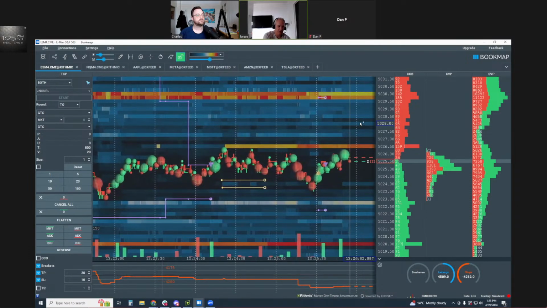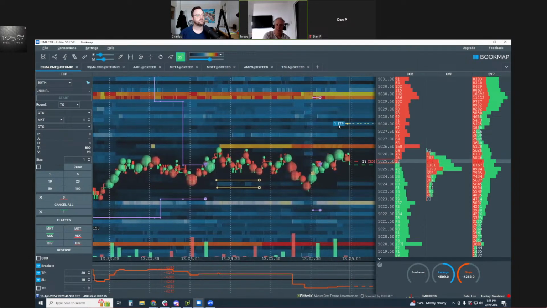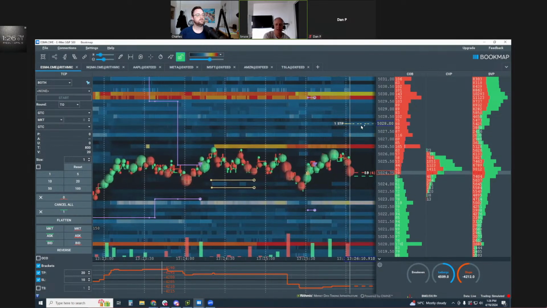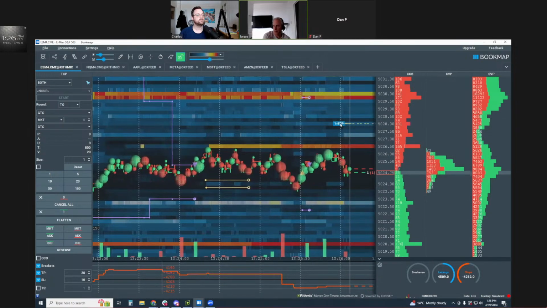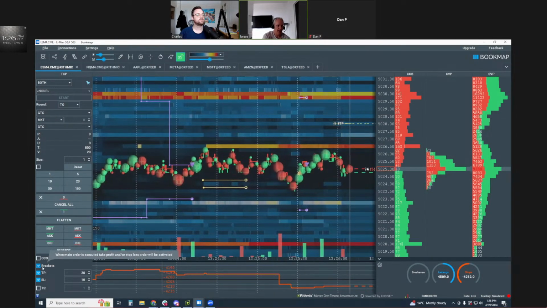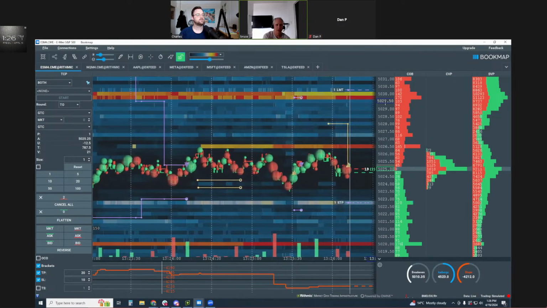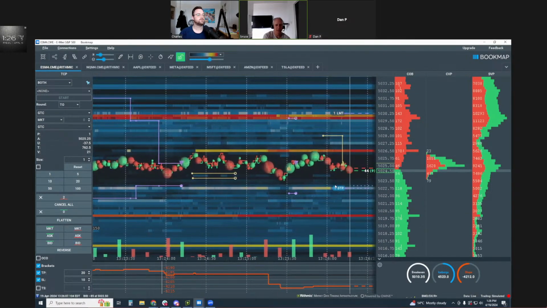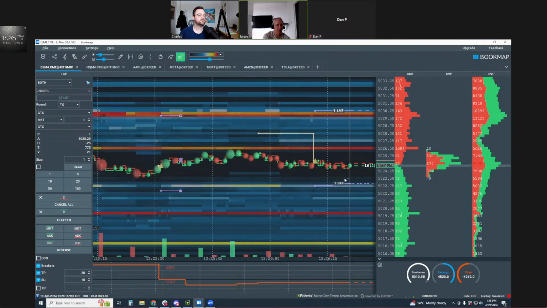If I hold the shift key down though, and then left click, now it says buy stop. That is a double dashed line here, and this is my buy stop to enter. And I have bracket selected down here. So if I get filled here, it displays my bracketed orders, and that's that.